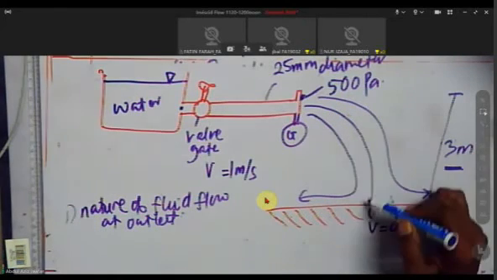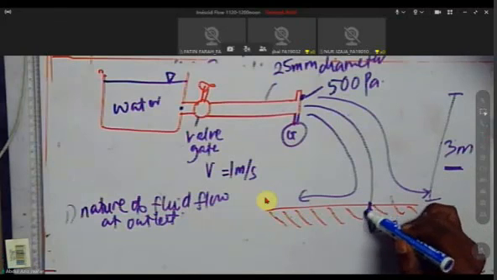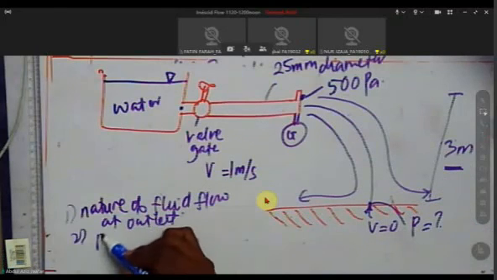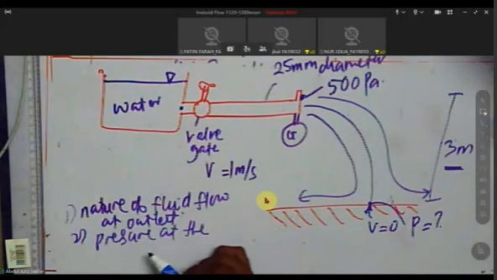So it will stop here, and I want to know what the pressure is there. What is the pressure at the floor? That will be the quiz for today.